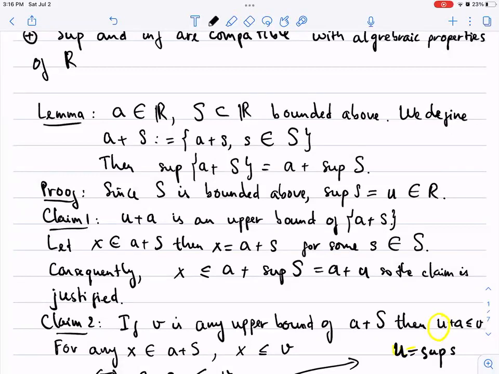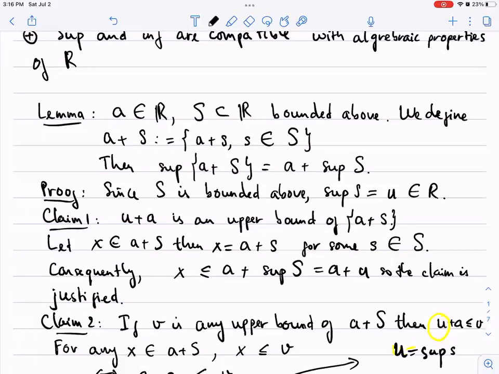In other words, this lemma says that we can take the supremum and addition in a compatible way. We take the supremum of an addition and that's going to be equal to the addition of the supremums.